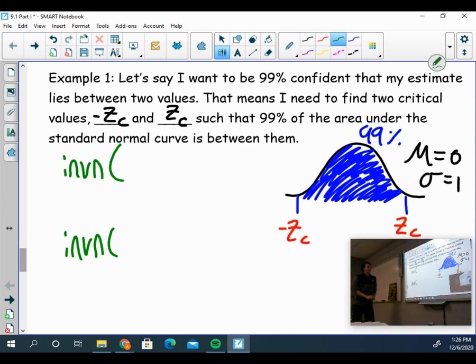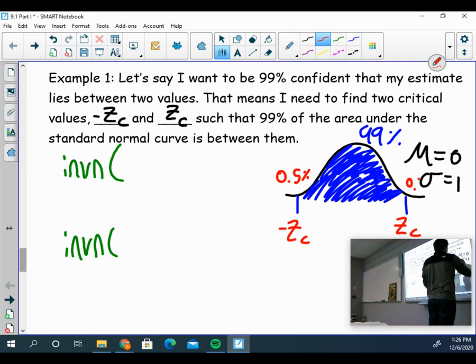If I want to find two values so that 99% of the data is between them, then I need to identify that 1% of the data is outside of this shaded region, which means 0.5% is in each tail.